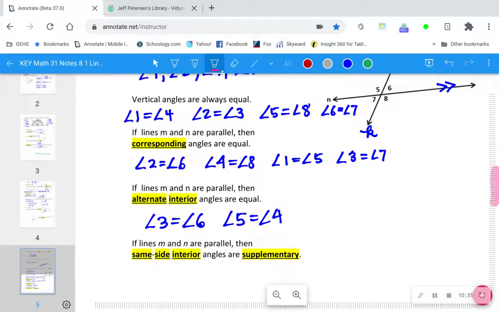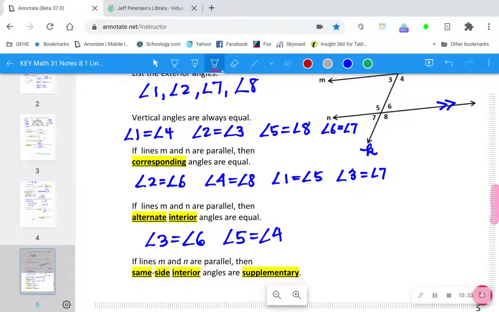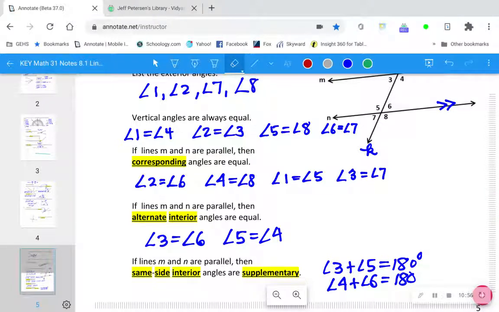So angle 3 and 5 add up to 180, and then angle 4 and 6 also add up to 180. So you've got angles that are equal, and this last pair, they weren't necessarily equal. Their angle measures add up to 180, which makes them supplementary.